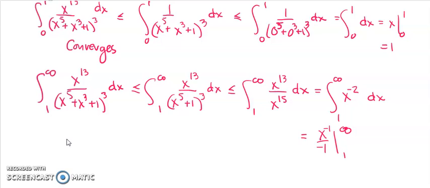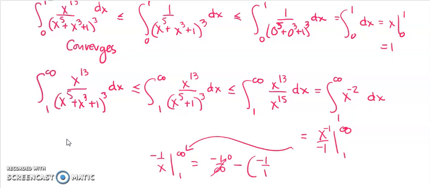That equals negative 1 over x, evaluated from 1 to infinity. Putting in infinity gives negative 1 over infinity, which equals 0, minus negative 1 over 1, which equals 1. So what does that mean?